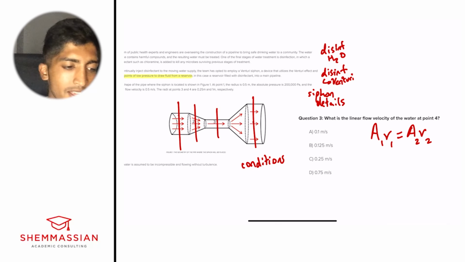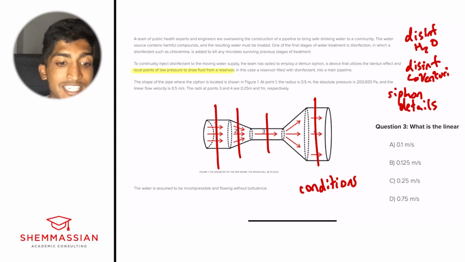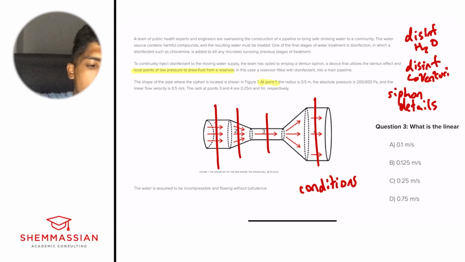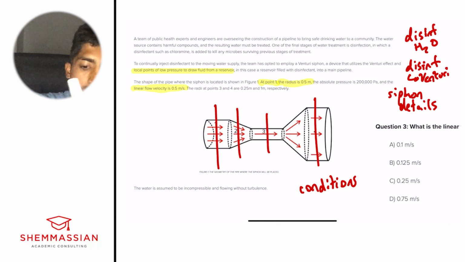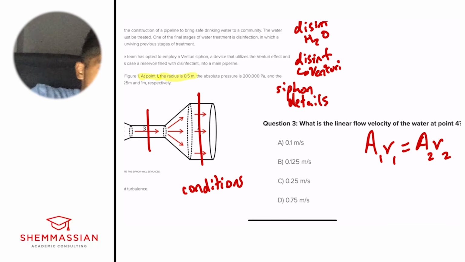And so right away, we're trying to see what details do we know that can help us find this, right? And where do we go? Paragraph 3. It gives us details with flow velocity, right? It tells us at point 1, the radius is 0.5, and the linear flow velocity is 0.5 meters per second. And we know that at point 4, which is where we're looking, right?